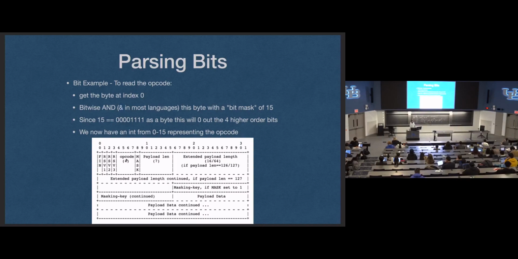If I take this first byte from my stream and logical AND it, which is a single ampersand in any language I've seen, this is why we use 2 ampersands for a Boolean AND: single ampersands are already used for a bitwise AND. So if we AND it with 15, which is 1111, it's going to zero out the 4 most significant bits, and it's going to return the opcode as a value between 0 and 15.